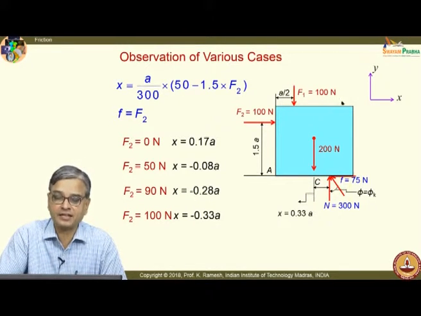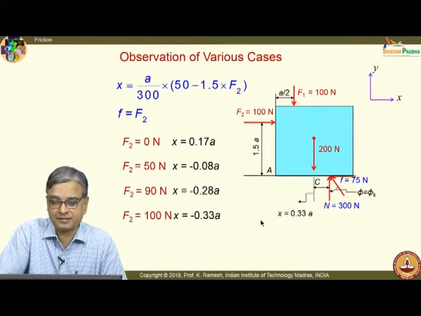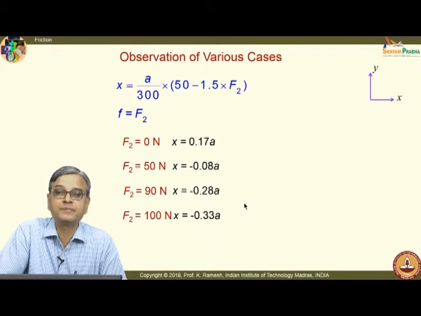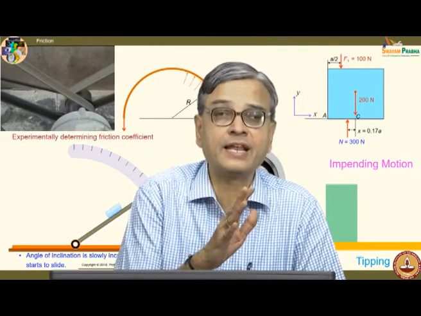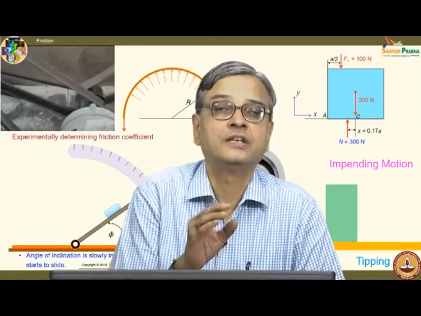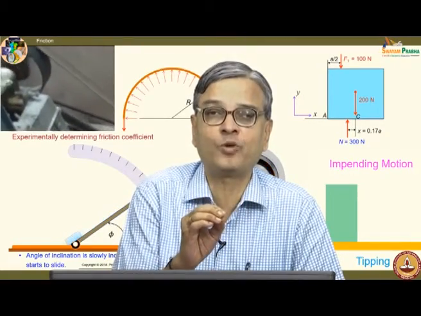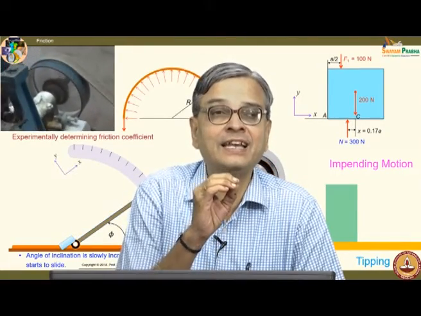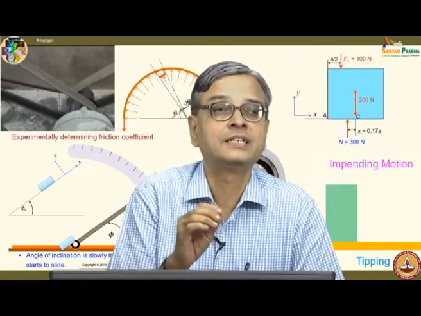Suppose I increase the force, what would happen? The block would begin to slide to your right. It will no longer remain in equilibrium. So, this problem clearly brings out that frictional forces develop only when there is a tendency for relative motion.